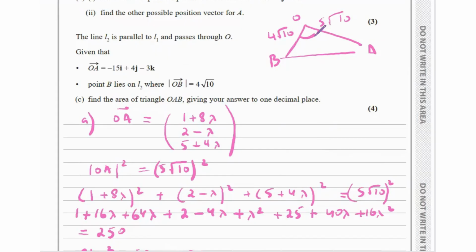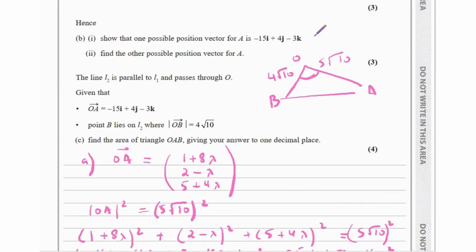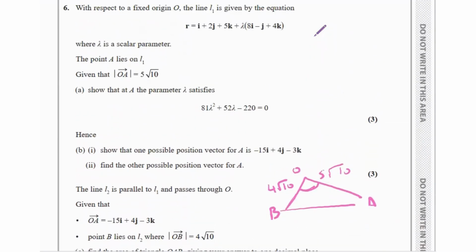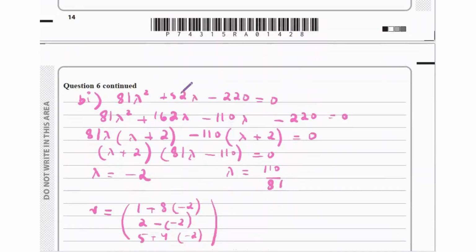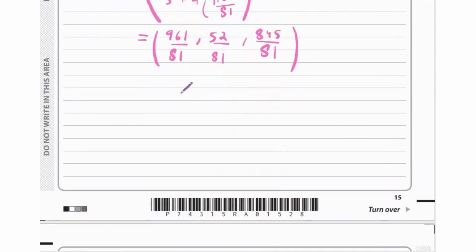So the position vector of OB is going to be the same as the position vector of L1, because L2 and L1 are parallel and point B lies on L2. And the position vector of OA is already given, which is this. This is the position vector of OA and this is the position vector of OB. So let's use the cos formula to find the angle.